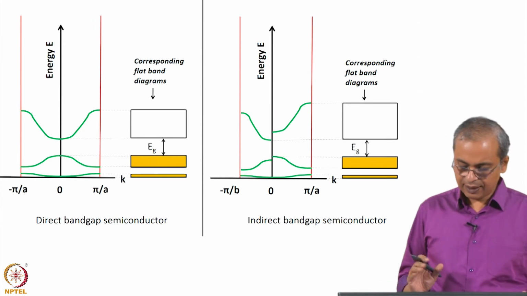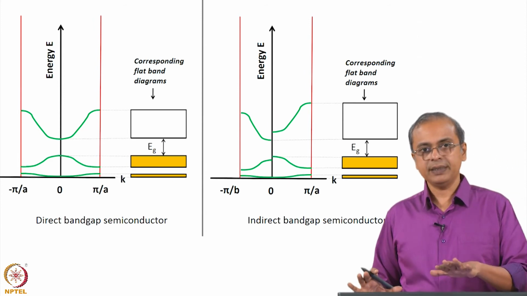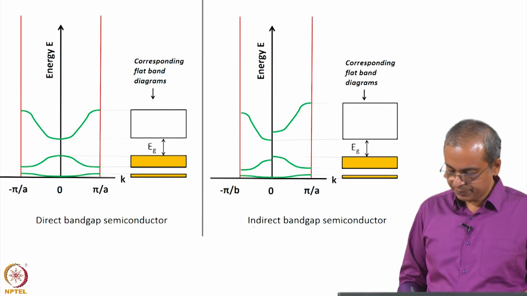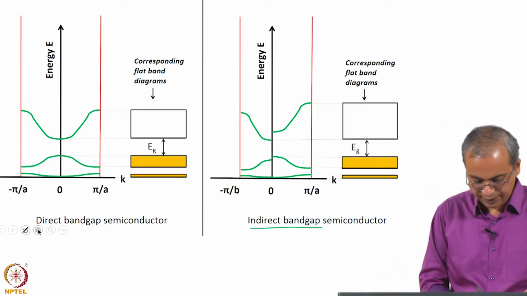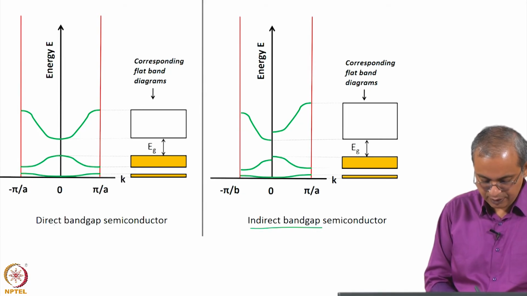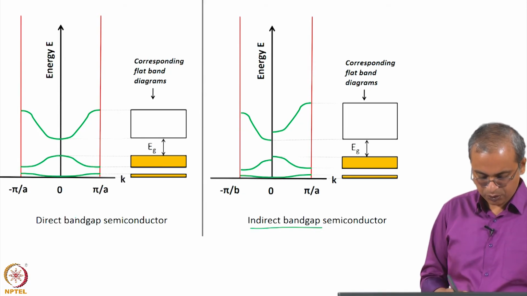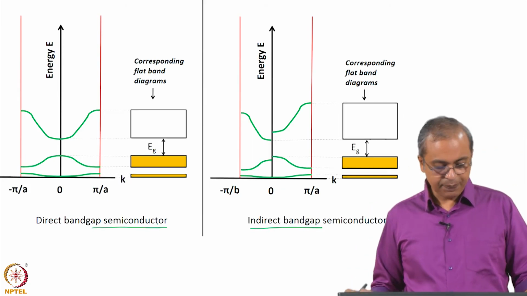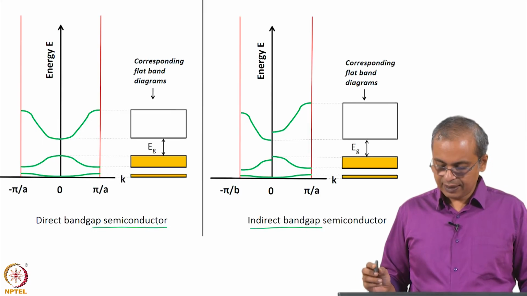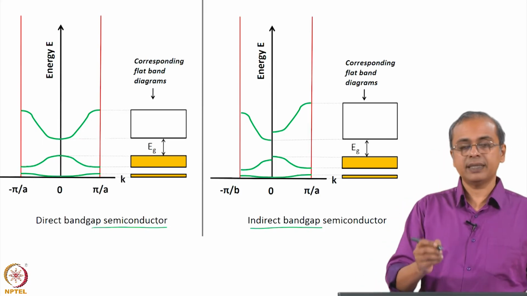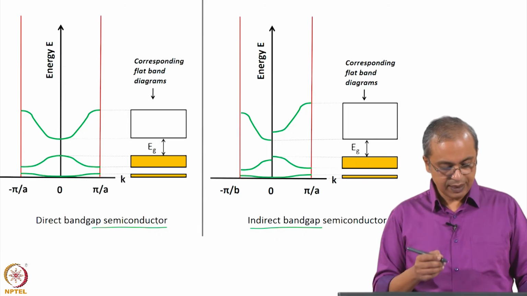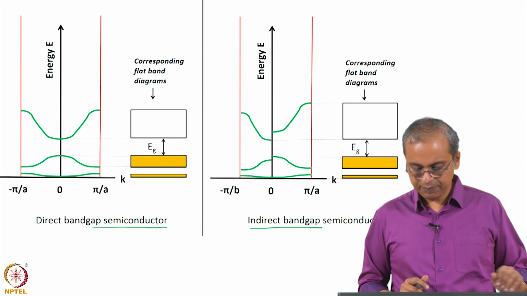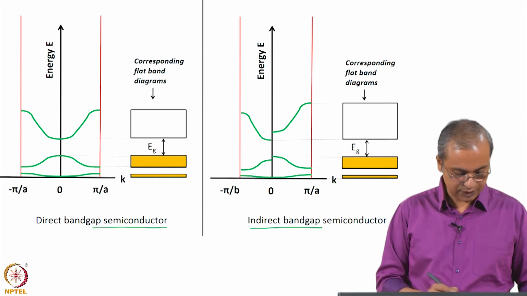For our discussion, again with respect to the optical properties, it is also of interest to know that there is something called an indirect bandgap semiconductor, and there is something called a direct bandgap semiconductor. The primary idea here is that, because we are looking at this from the perspective of optical properties, it is valuable to know whether it is direct or indirect, and the primary difference between them is the location of these positions.